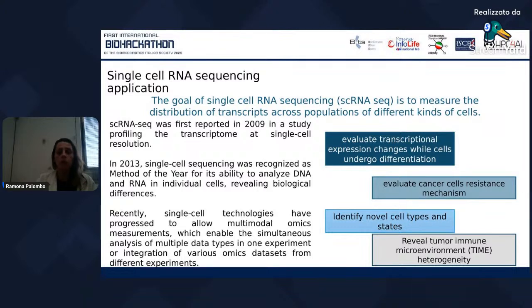But in 2013, single-cell sequencing was recognized as Method of the Year by Nature for its ability to analyze DNA and RNA in individual cells, revealing biological differences. But recently, single-cell technologies have progressed, and now we can add other omics measurements to have different kinds of information in the same experiment.